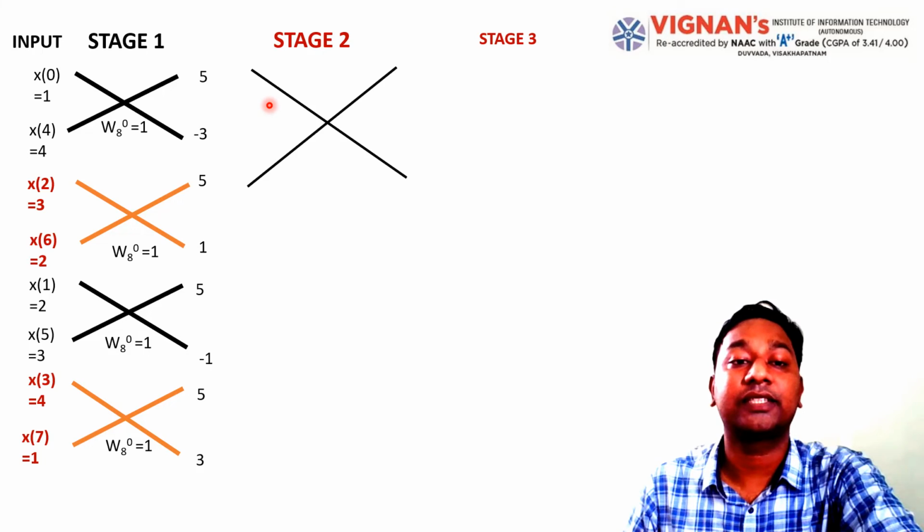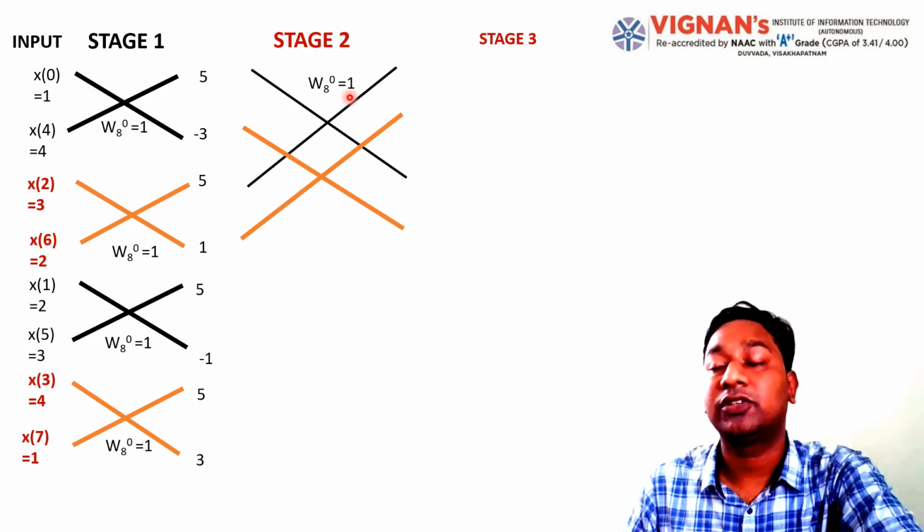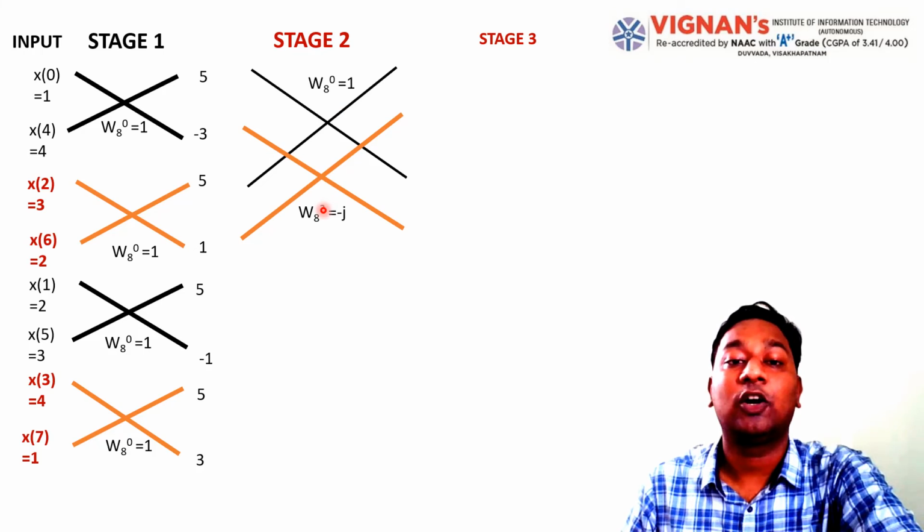Now coming to the second stage, here the first is associated with the third point and the second with the fourth point, and the twiddle factor is omega to the power 0 equal to 1 as well as omega to the power 2 equal to minus j. So in stage 2, the first butterfly is simple addition and subtraction, and similarly the second one is minus 3 plus 1 into minus j, and minus 3 minus 1 into minus j.